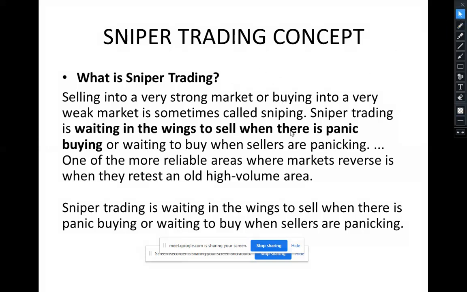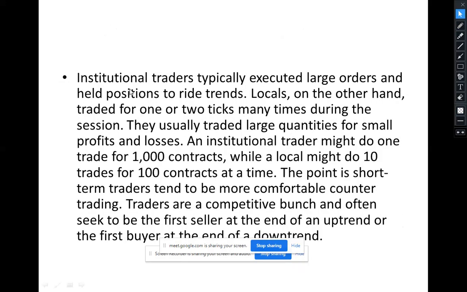Now, institutional traders typically execute large orders and hold positions to ride the trend. If you observe throughout this week, AUD/CHF, AUD/JPY, AUD/NZD is in a downtrend throughout this week.